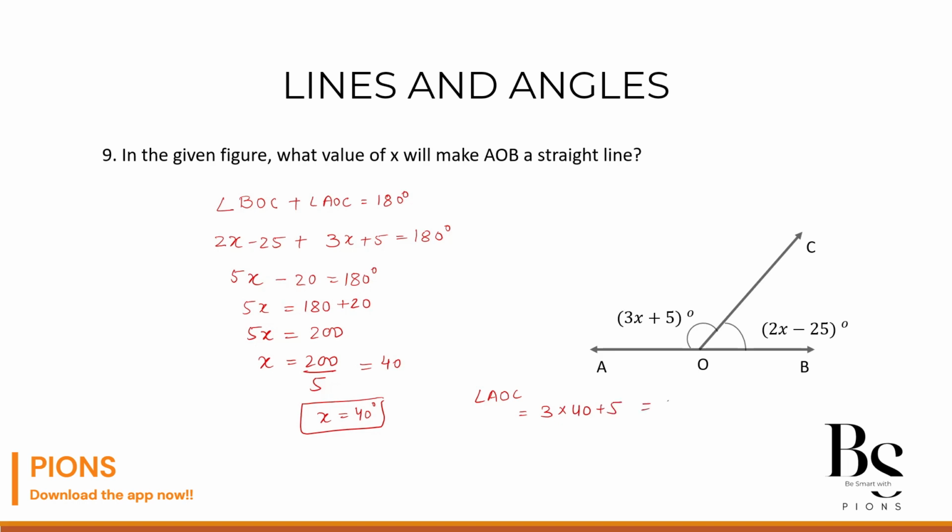That is equal to 120 plus 5, that is equal to 125. Angle BOC is equal to 2x minus 25. So x is how much? 40, and minus 25. So this is equal to 80 minus 25, that is 55. So both are the angles, angle AOC and BOC.